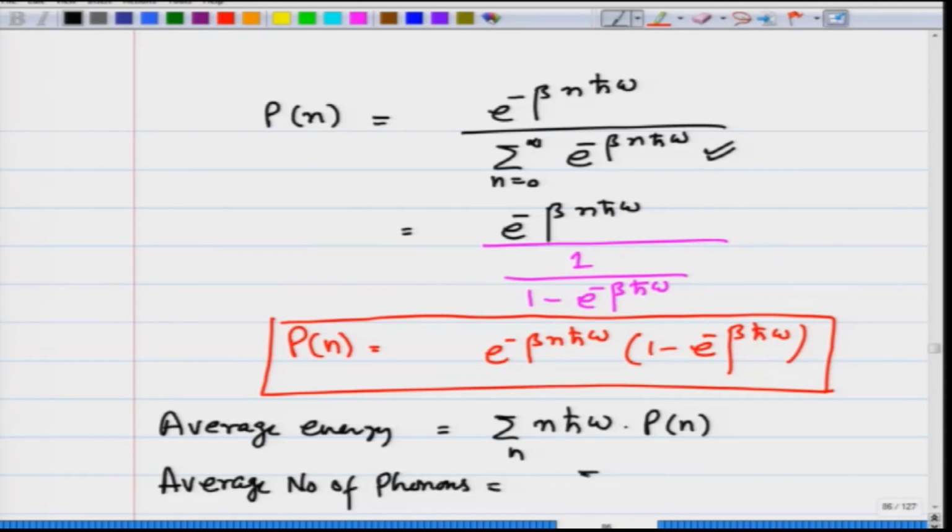This is going to be the summation over n equals 0 to infinity of n times P n. So, you multiply the average number of phonons by h cross omega, and you get the average energy of that mode. So, in one shot with this probability, I am calculating the average number of phonons of frequency omega at temperature T and the average energy of that mode. So, let us do that now.